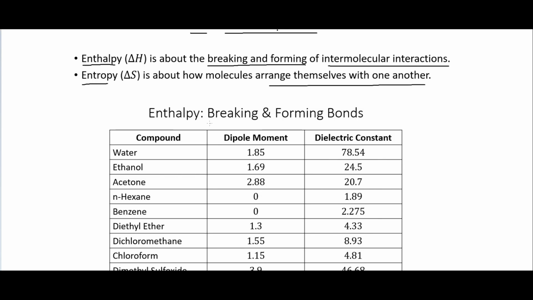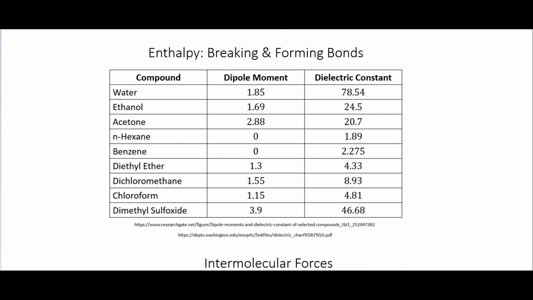As I said, it's about breaking and forming bonds. And so we want to look at bonds here, meaning the intermolecular interactions here. And we want to look at whether these things are polar or nonpolar. So in the video that I did on solvents, I went over things like the dipole moment and the dielectric constant, which are measures of the polarity of a molecule to tell us whether we can consider it polar or non-polar.